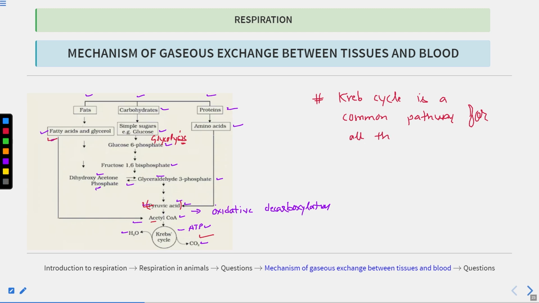I have already told you there are 3 types. And what is a respiratory substrate? A substance or a molecule that is oxidized during respiration and liberates energy.